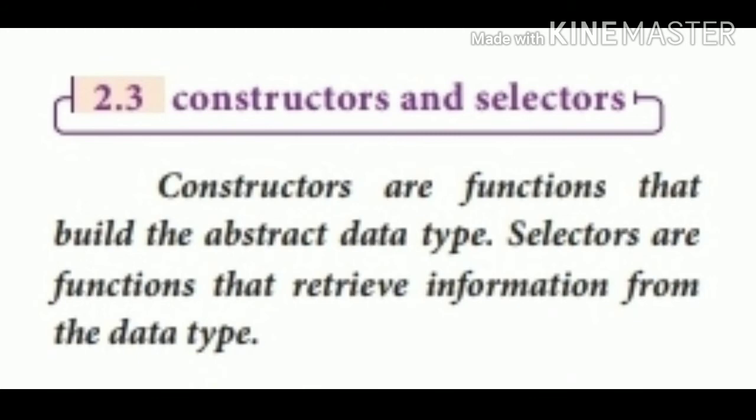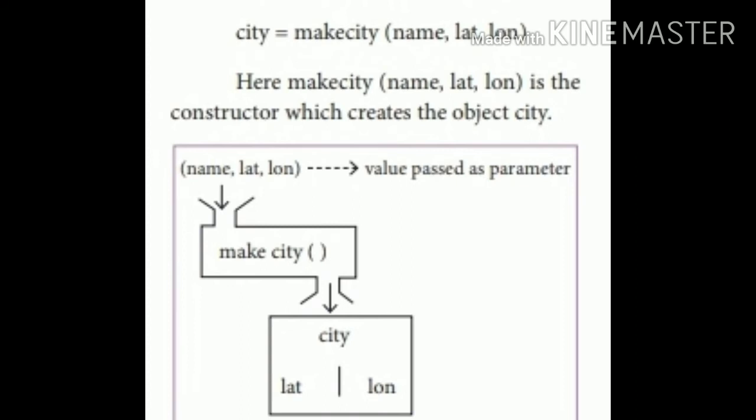For example, city equal to make city of name, lat, long. Here three parameters are passed, that is name, lat, long. Make city is a function. City is an object. Here we just build the function. This is named as constructor.